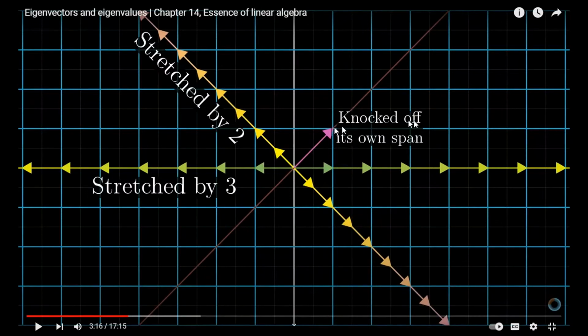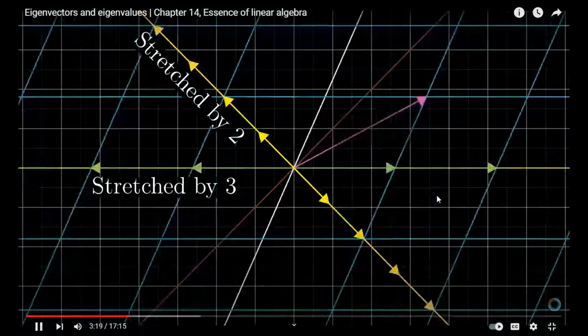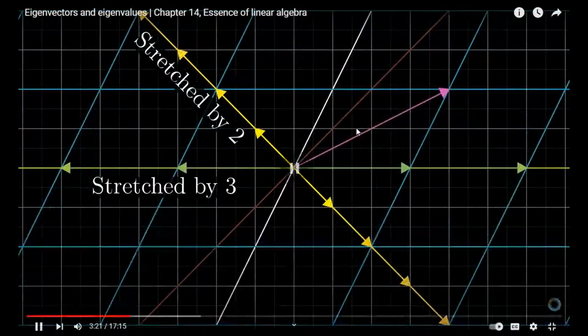When you transform it, its values will get changed and it will get distracted from its direction. So when we expand it, its original direction was this one, now it is at this place. That's why we are saying it is going to get knocked out.